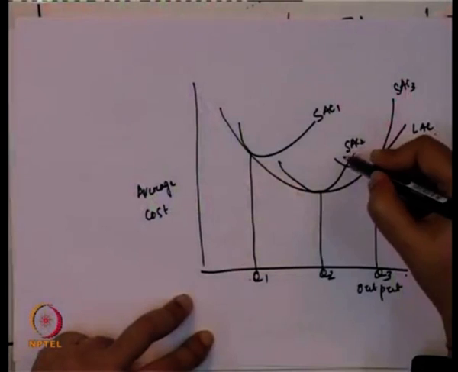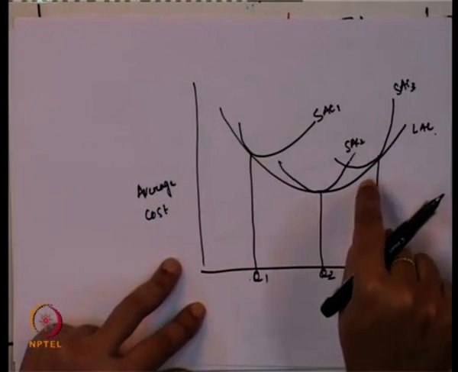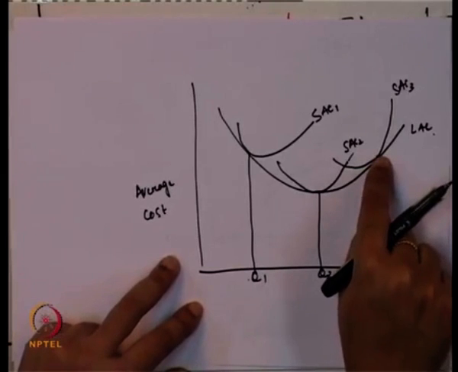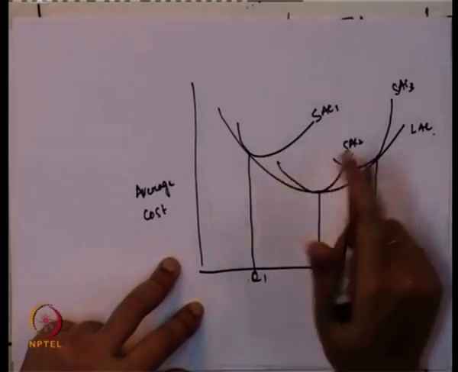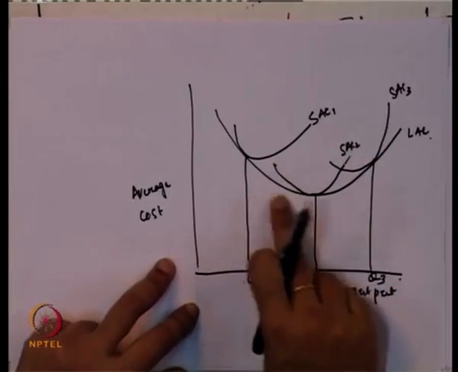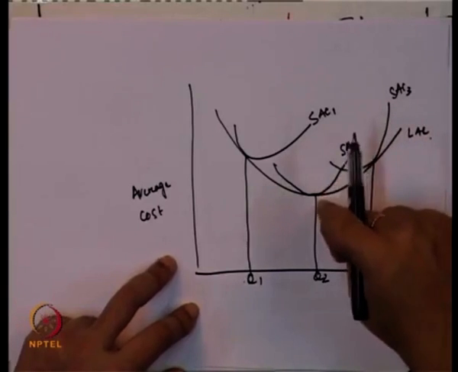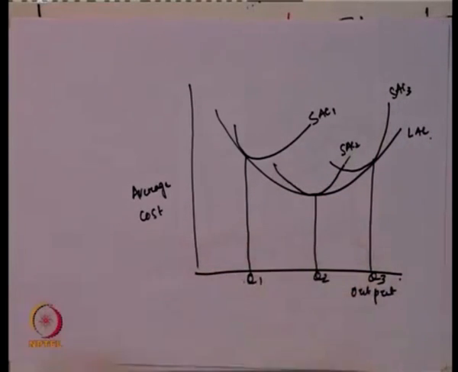So, looking at SAC 1, SAC 2 and SAC 3, they give 3 different levels of cost, and that is why the long run average cost curve takes the minimum of average cost at each short run level of output, and it gives the minimum average cost of each output level when some inputs are variable.